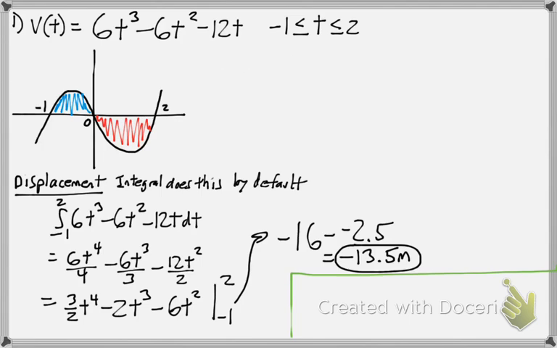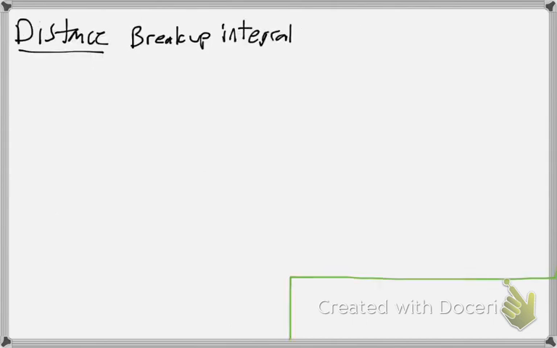So at 0, that's really the cutoff point, because from negative 1 to 0, it's above the axis, and then from 0 to 2, it's below the axis. So I'm going to have two integrals, one from negative 1 to 0, and one from 0 to 2. So the same function, just two integrals.